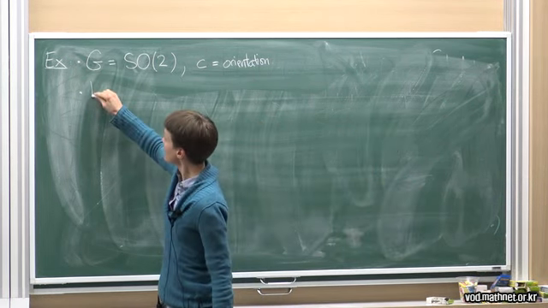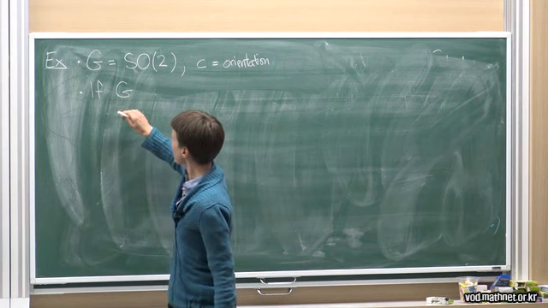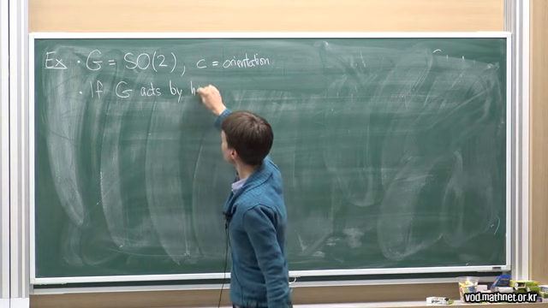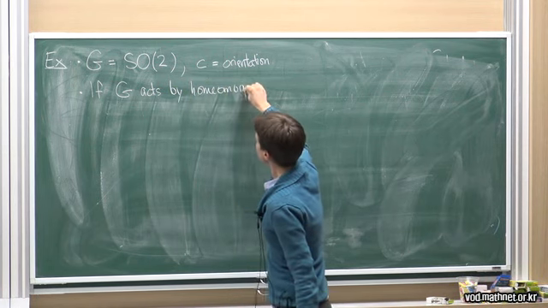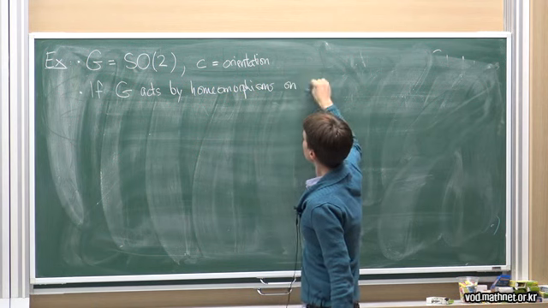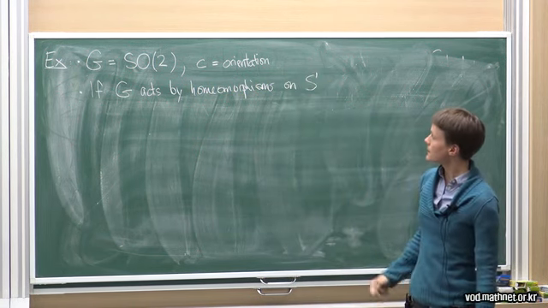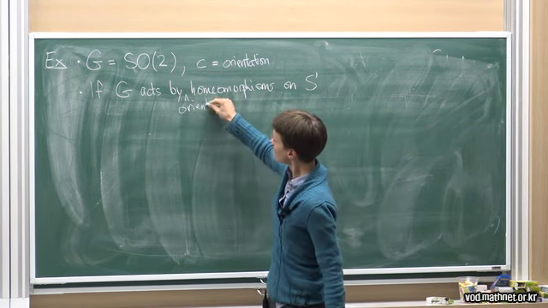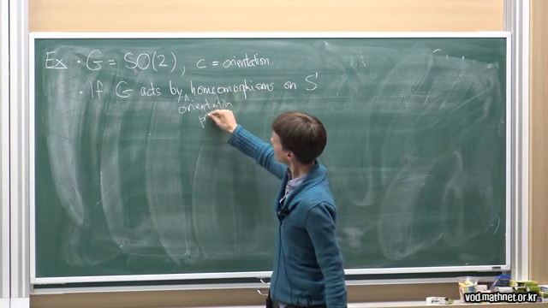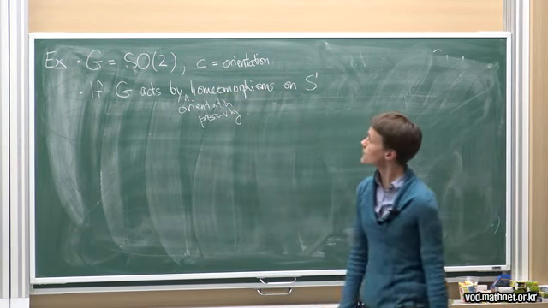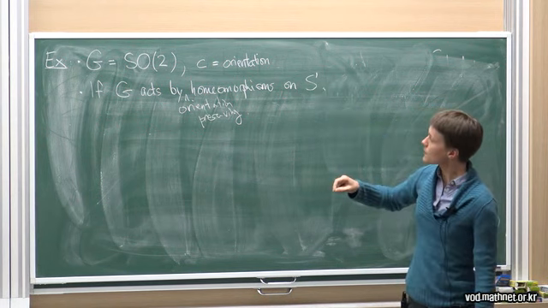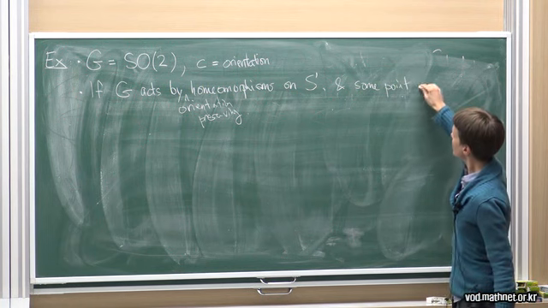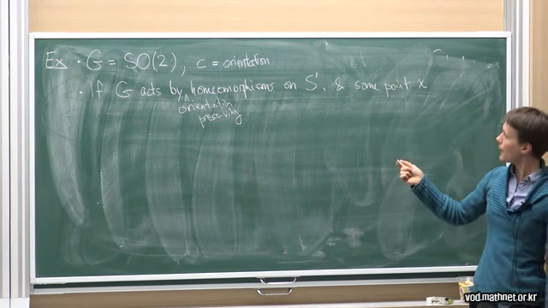More generally, if G acts by homeomorphisms on the circle, and say that preserves orientations, so orientation preserving homeomorphisms on the circle, and let's say suppose some point x has trivial stabilizer.